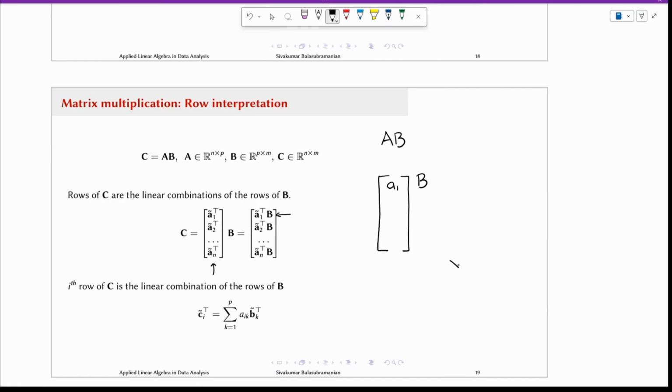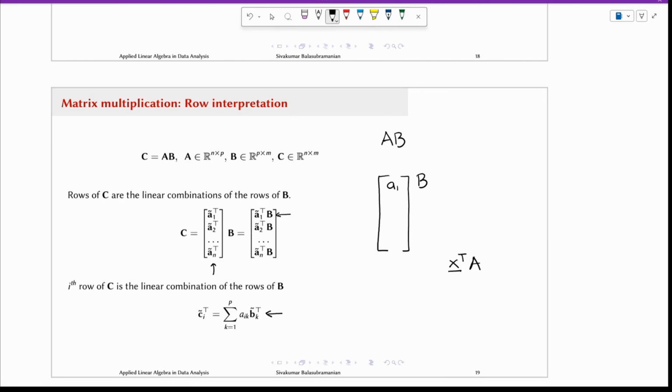And what are we doing when we do a pre-multiplication operation like this, by a row vector x? We are taking the linear combination of the rows of the matrix, and the mixture for the linear combination is coming from the row vector x. That means when you do matrix multiplication, the rows of the resulting matrix are linear combinations of the rows of the second matrix, the B matrix.